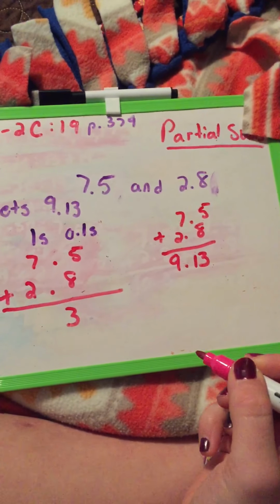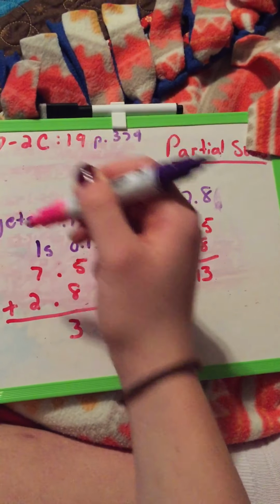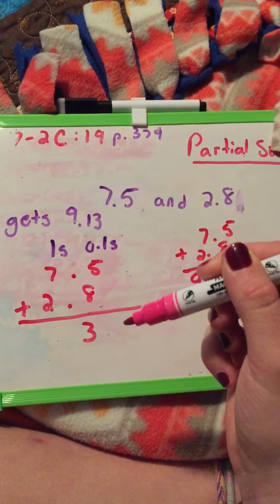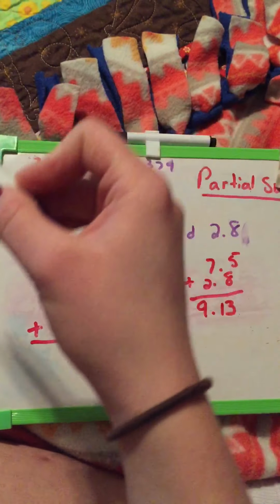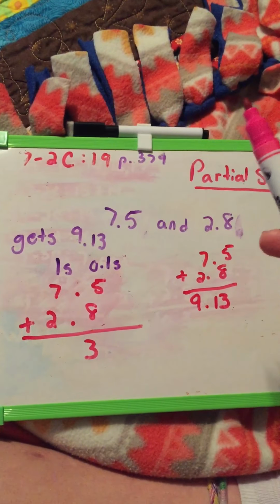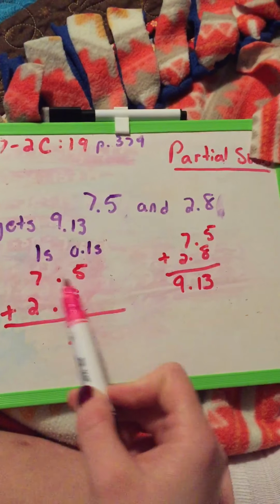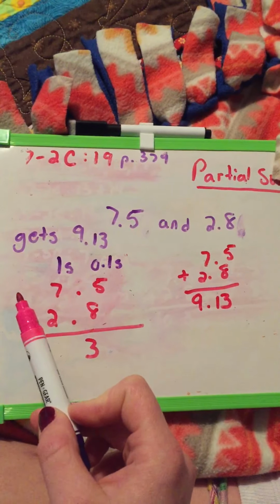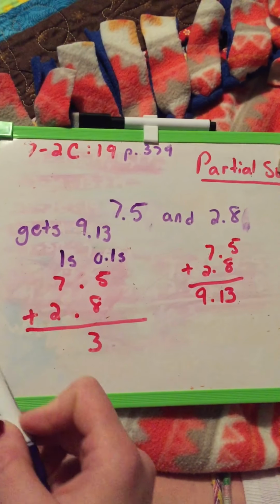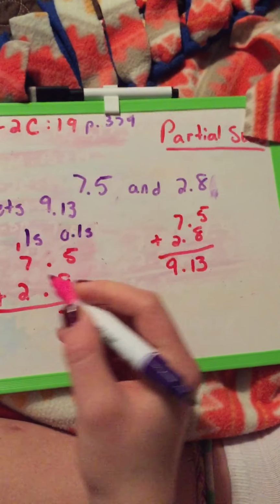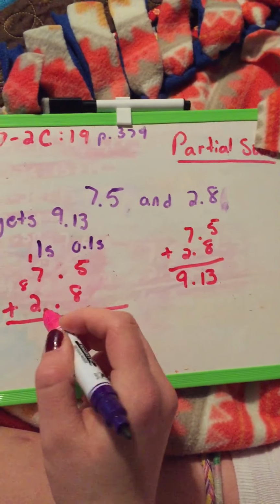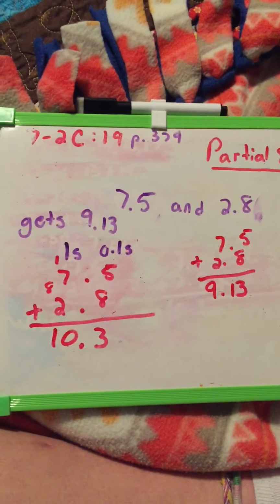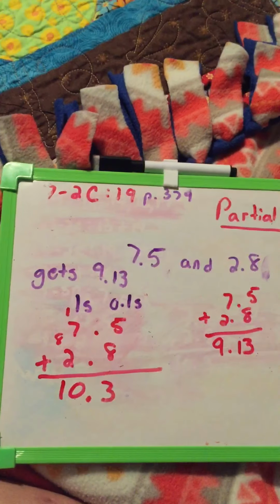We put down our 3, but we know we can carry our 1, because with 13 tenths we are over, so that would move in this direction of our place value, the number of our ones going up. So carry your 1. We have 8. 8 plus 2 is 10. And bring down our decimal, and we have 10.3, which is our correct answer.